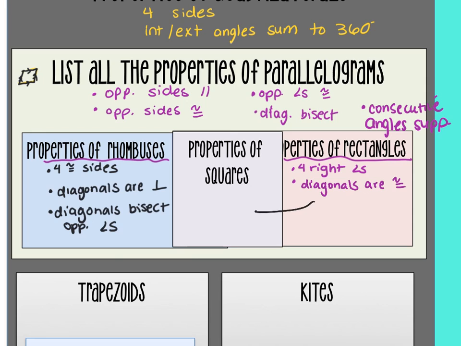And all that is true for a square. If a rectangle and a rhombus had a baby, it'd be a square. All the properties of all that stuff carry down into a square.